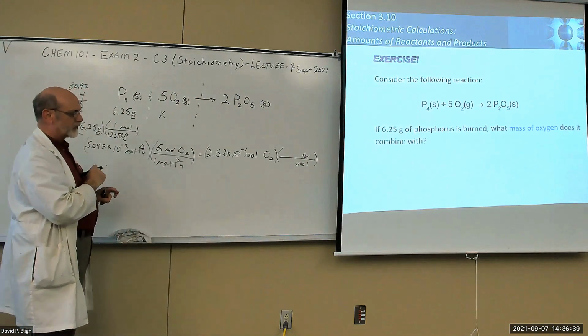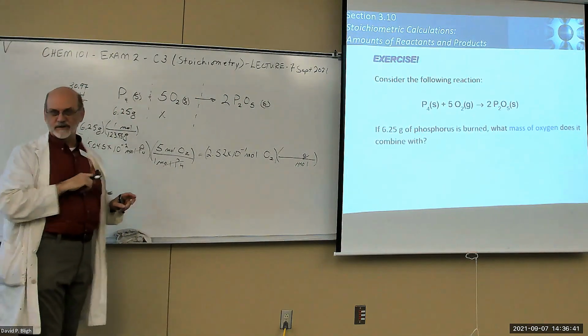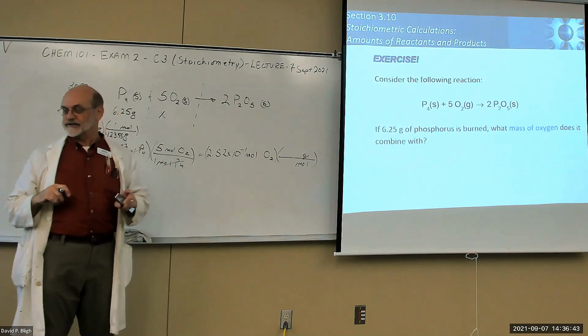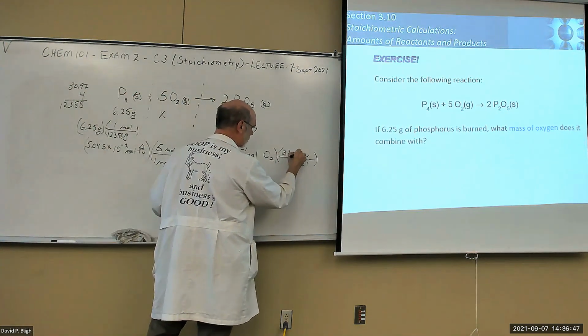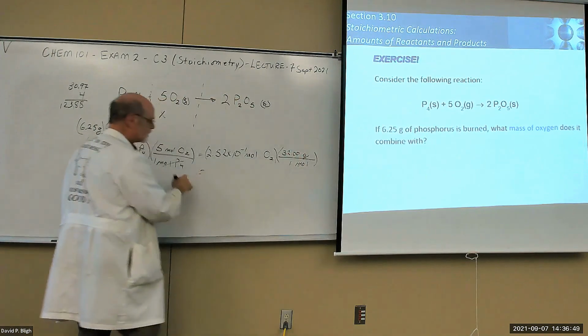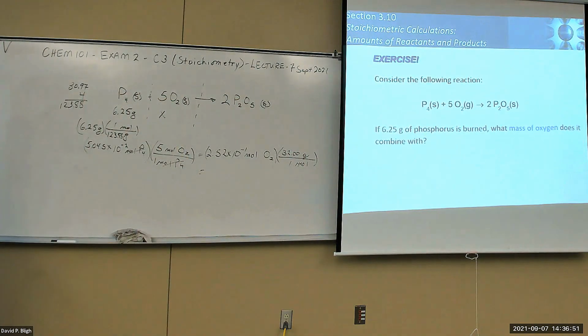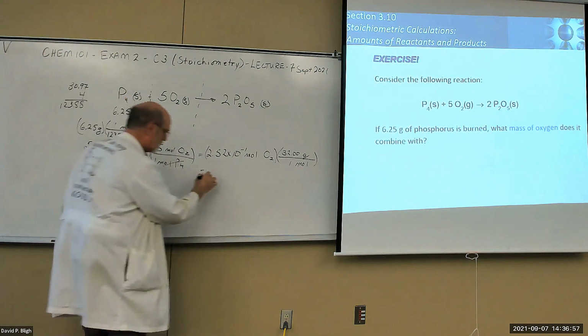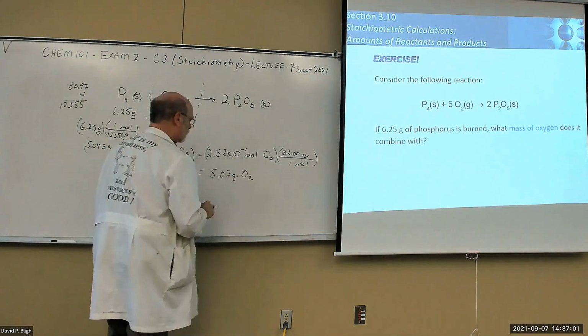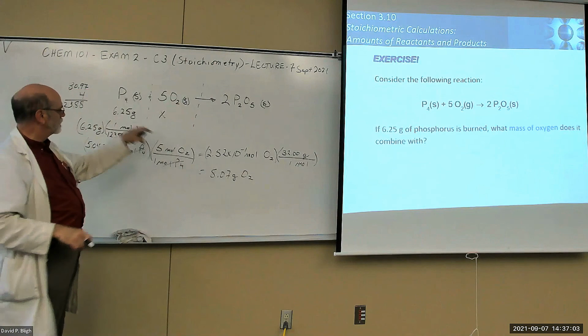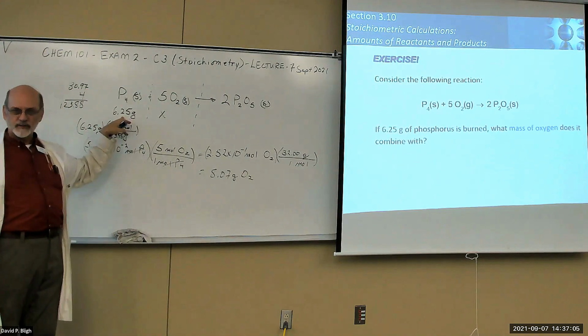So how many grams per mole of O2? 32. 16 times 2. There you go. So 32 times that value, which is still in my calculator, is 8.07 grams. 8.07 grams of O2 will be required to consume all of this P4.